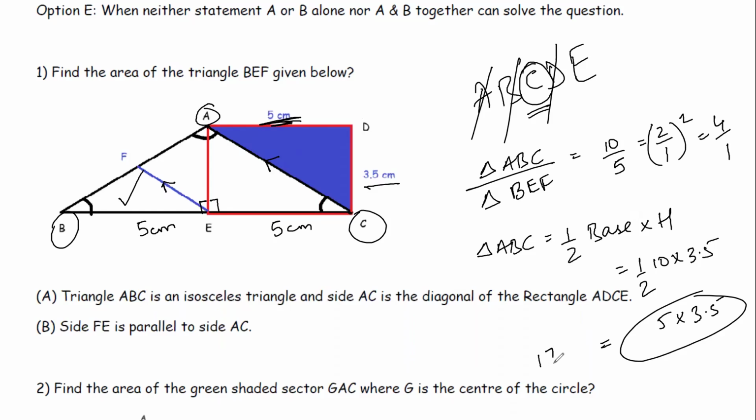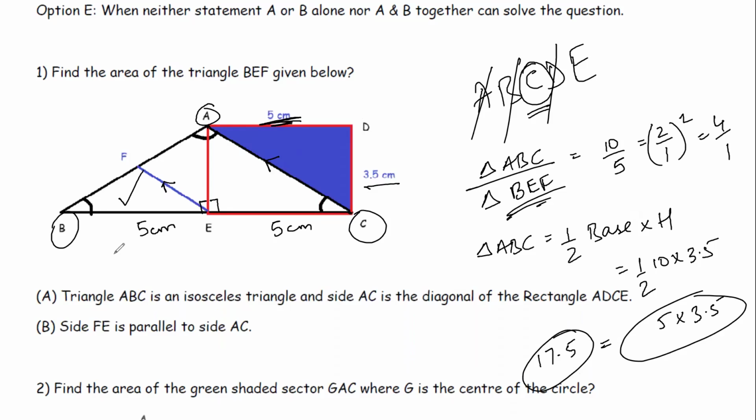So that is 17.5. And so the area of BEF is 1/4 of this, okay? If this is 4 times, then 1/4 of it is this. 1/4 of 17.5 will be the area of BEF. Whatever the case may be, we are able to find out the area of the triangle BEF using similarity property. Okay. Right. Moving on.